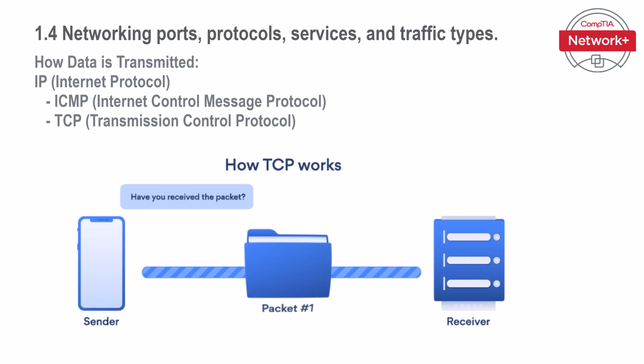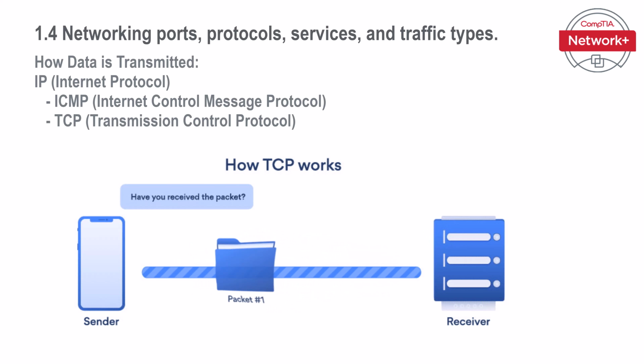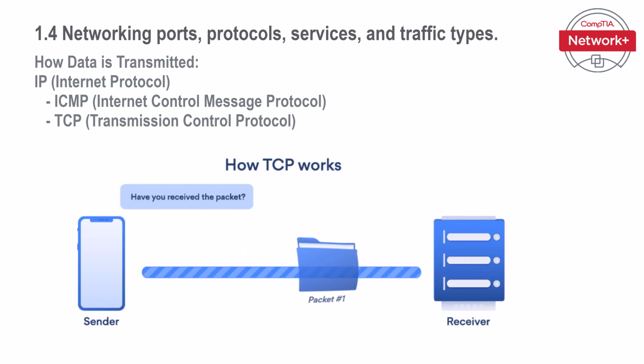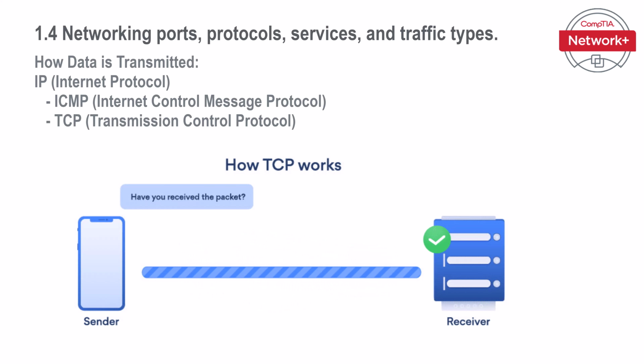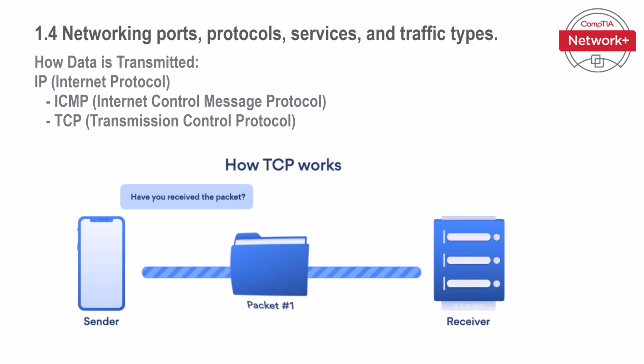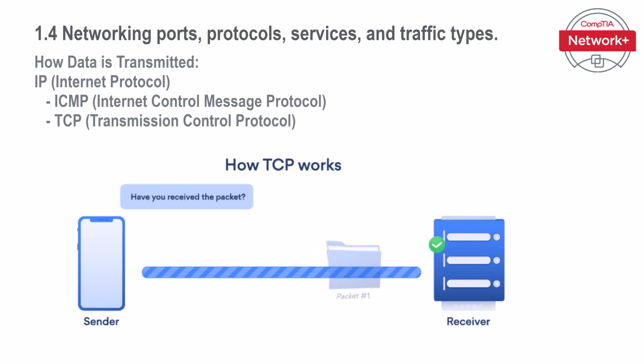Transmission Control Protocol, or TCP, is a connection-oriented protocol that ensures reliable data delivery. It establishes a connection before transmitting data, verifies that all packets arrive in order, and retransmits any lost packets. This makes TCP ideal for applications such as web browsing, email, and file transfers.